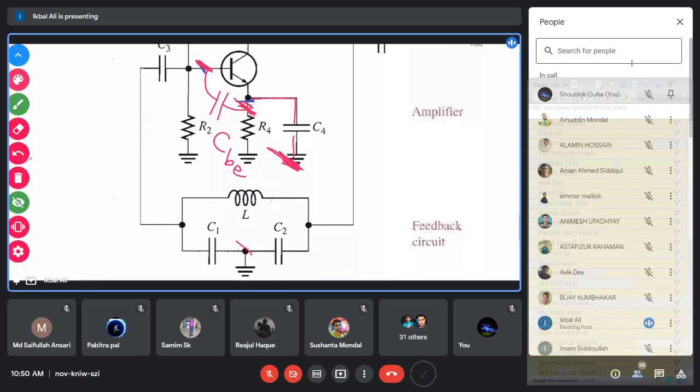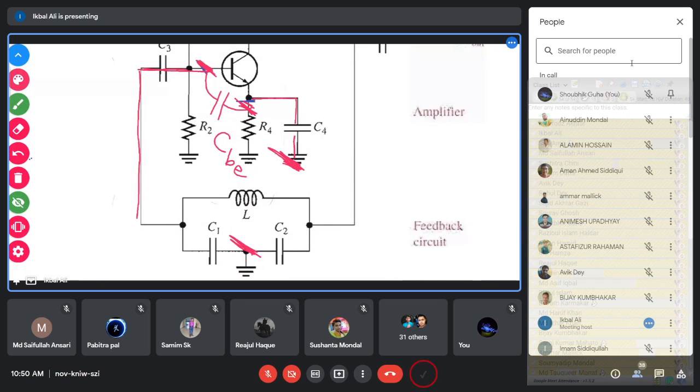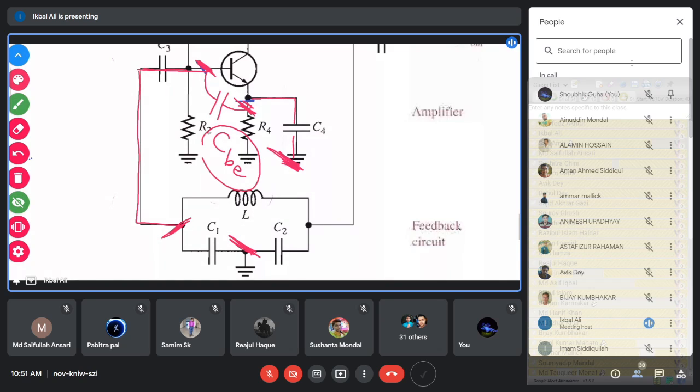The other terminal of this capacitor comes through this C3, because for the AC operation, this C3 is short circuited. So this terminal comes through C3 to this point. So basically, CBE, the junction capacitor between base and emitter, actually comes between ground and the feedback point.